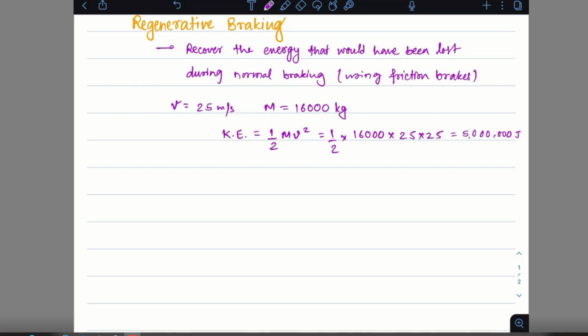So if we were to dissipate this energy during braking, we may not be able to use the traction motor as a generator alone.